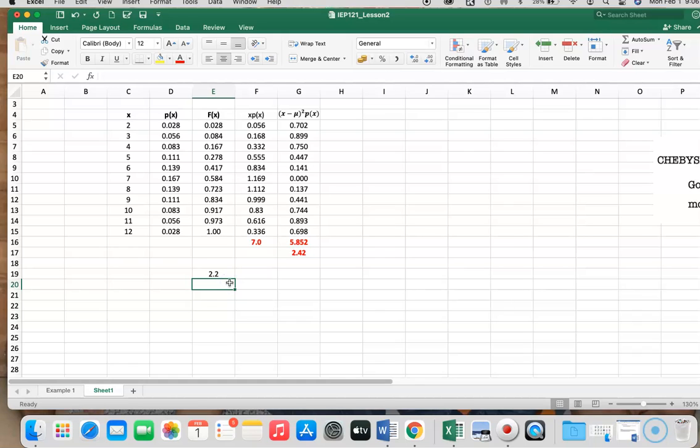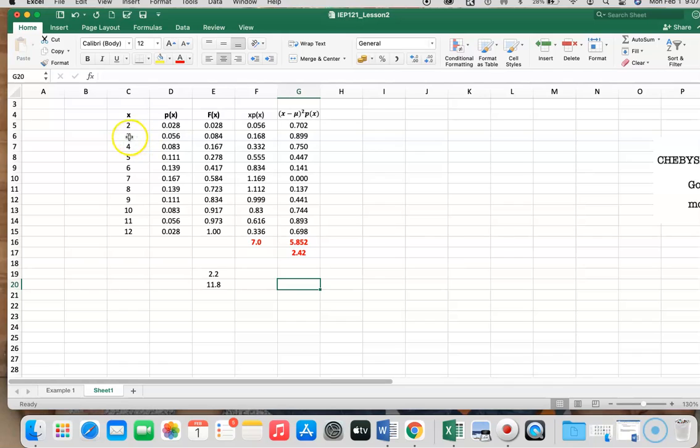And 2 standard deviations above the mean gives us 7 plus 2 times the standard deviation, which is 11.8. So at least 75% of the probability distribution is between 2 and 11.8, or 12.